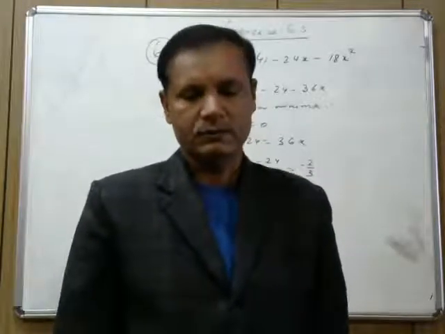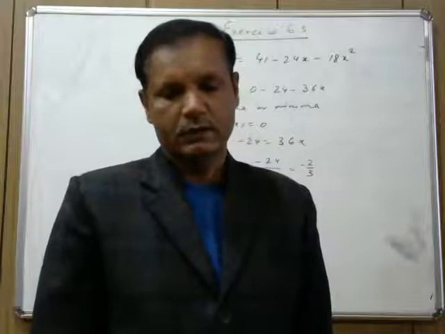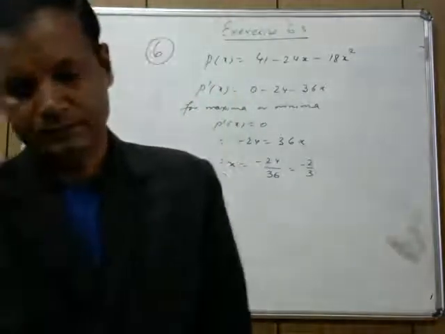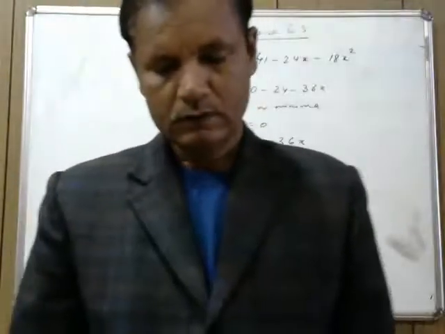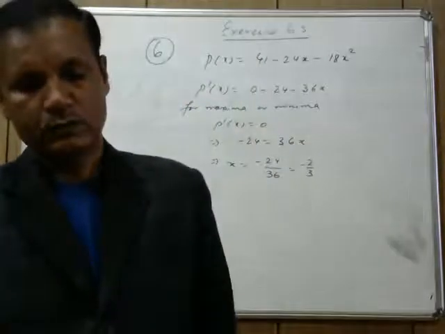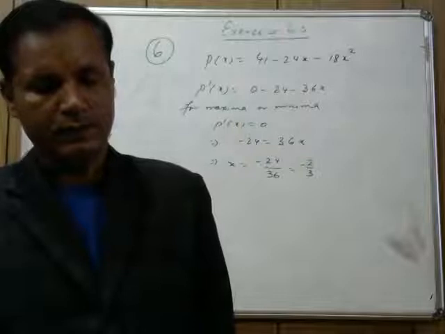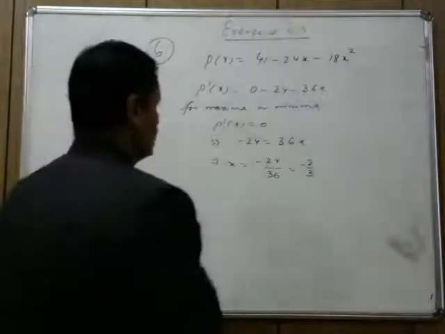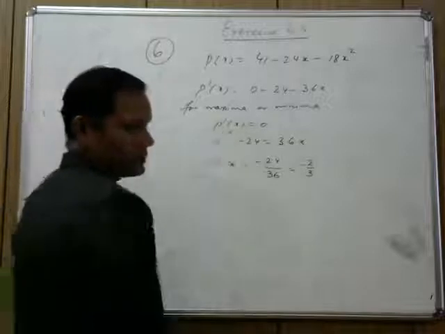But since it is asking for the maximum profit, let us check it now. We will go for x is equal to minus 2 by 3, and on that I will check whether it has maximum value or not. For that we have to double differentiate it.